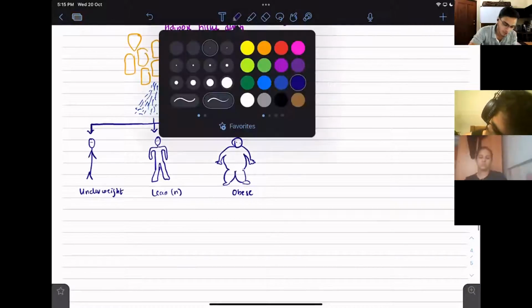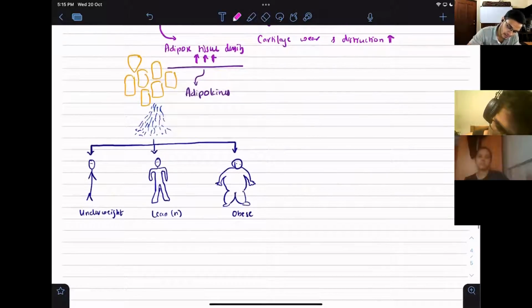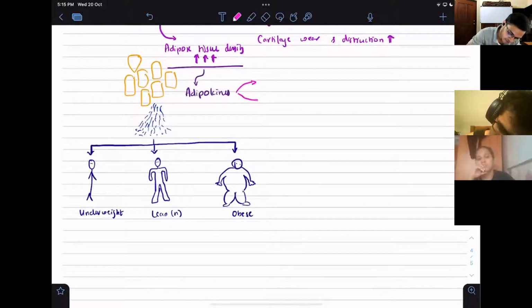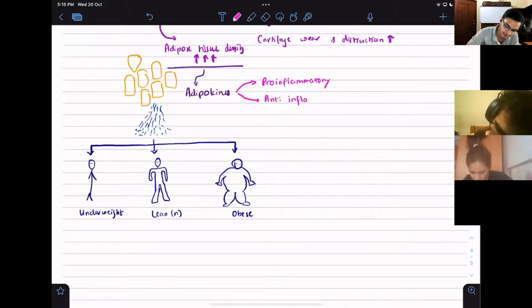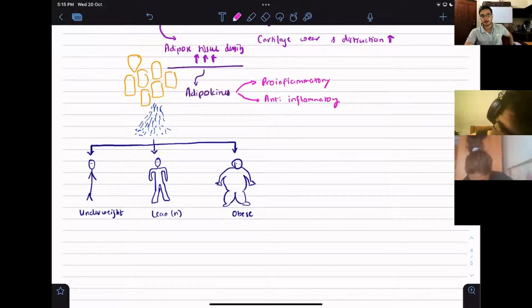What I want you all to know is that these adipokines, guys, are of two different types: pro-inflammatory adipokines and anti-inflammatory adipokines.